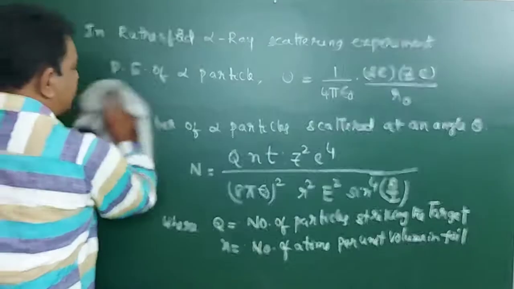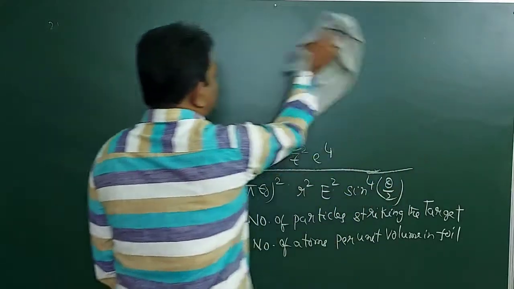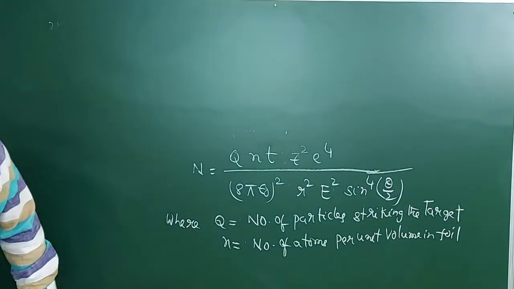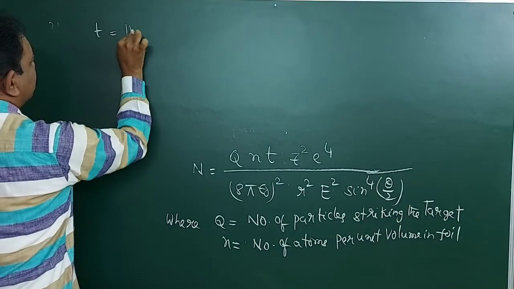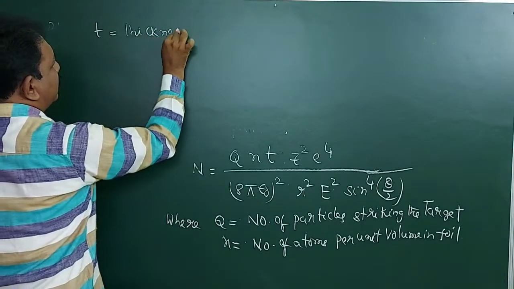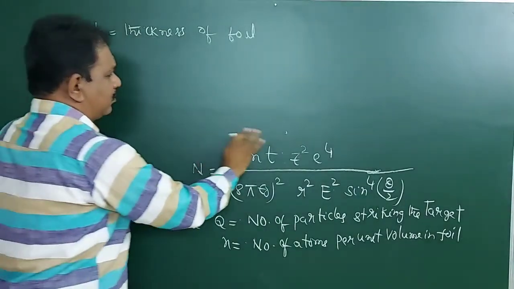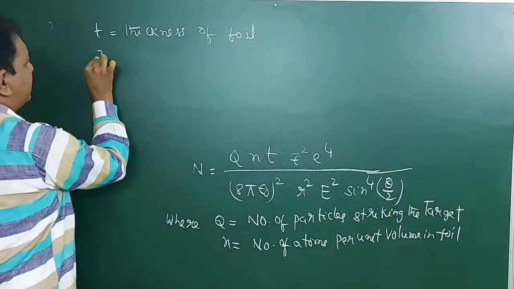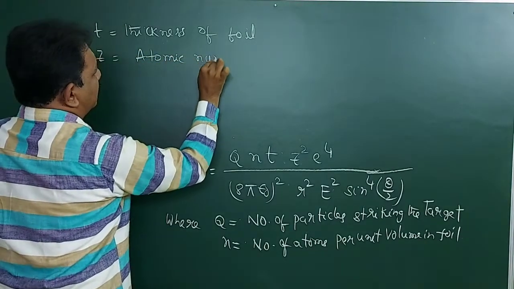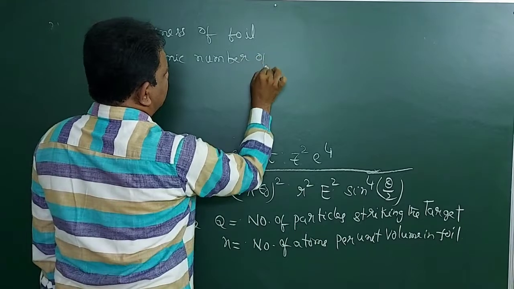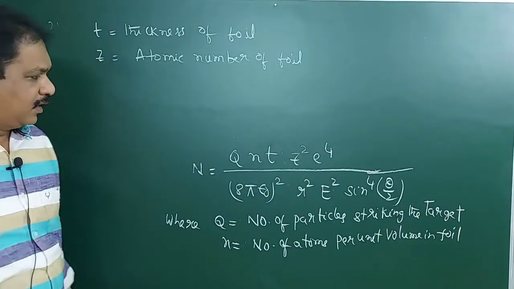Okay. Next, remaining terms you see. t is equal to thickness of foil. Z is equal to atomic number of foil. e is the charge of the electron.